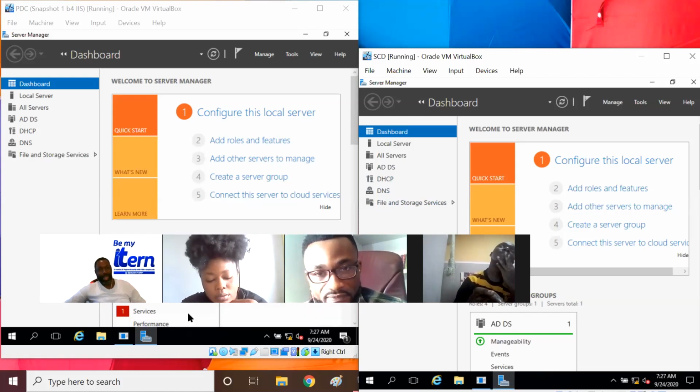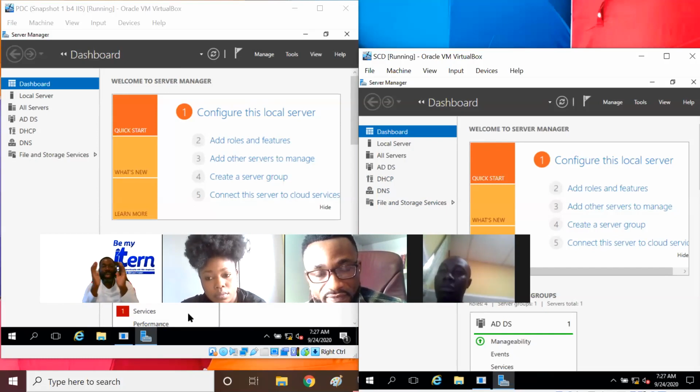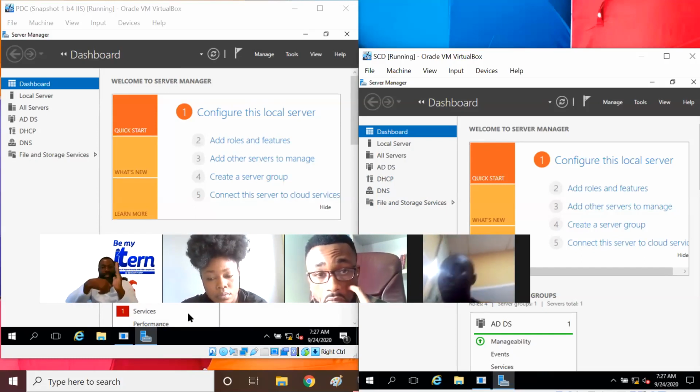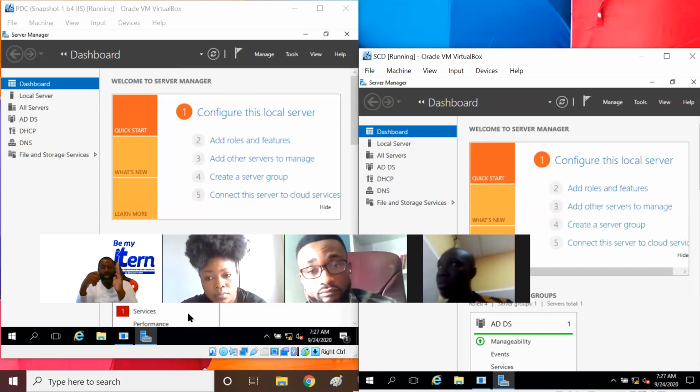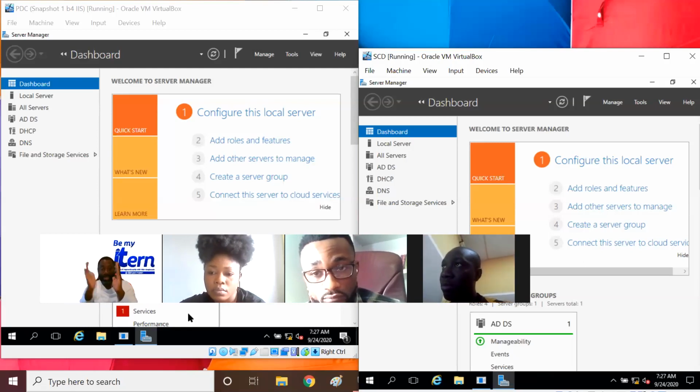So we also have Class A and Class B. You know that in Class C, the only octet available for the host is the last octet. The first 3 octets are constant. But for Class B, we have the last octet and the 3rd octet available to assign to hosts.